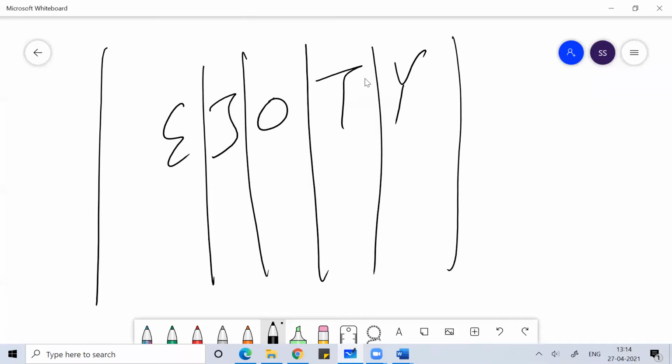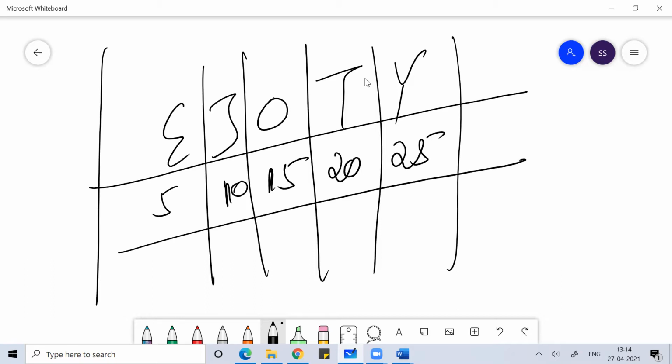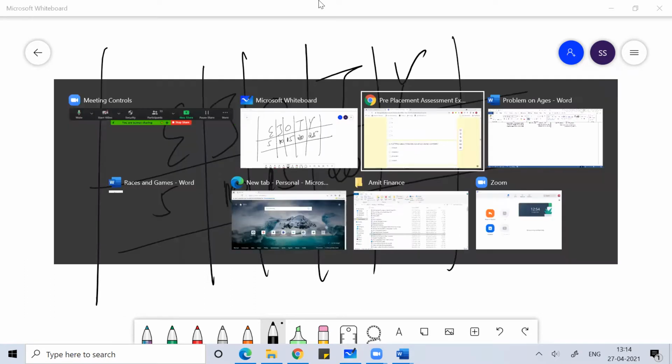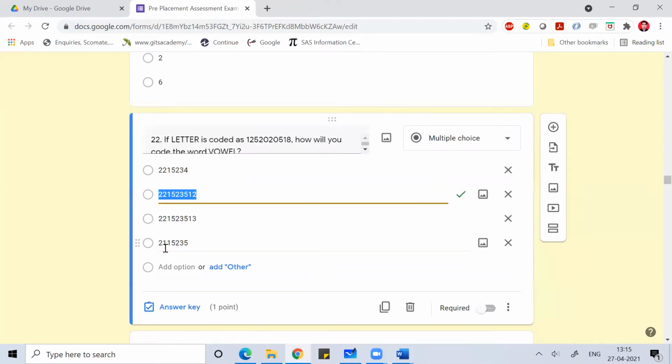E is the fifth letter, J is the 10th letter, O is the 15th letter, T is the 20th letter, and Y is the 25th letter. You know that there are 26 alphabets, so you can use it and find the answer. Option B will be your answer.